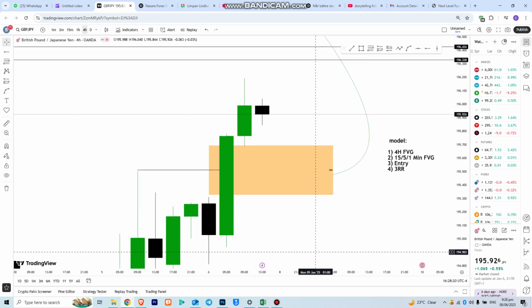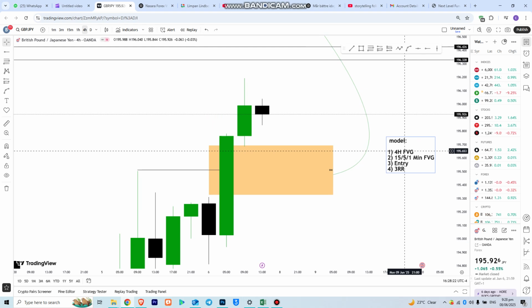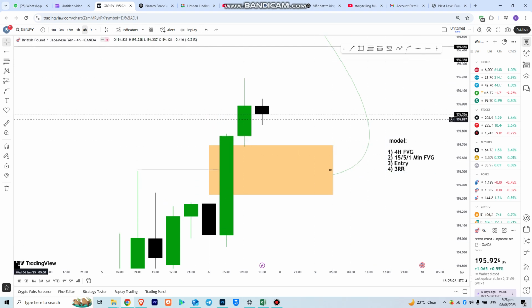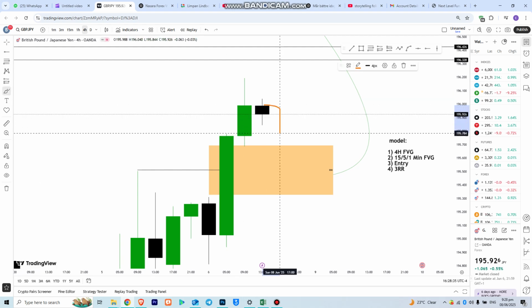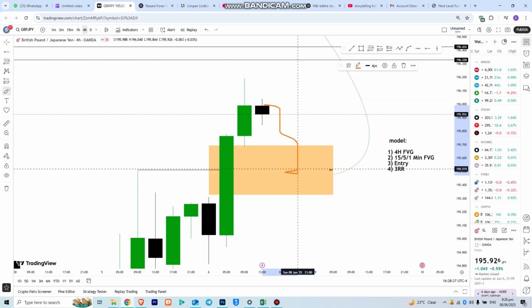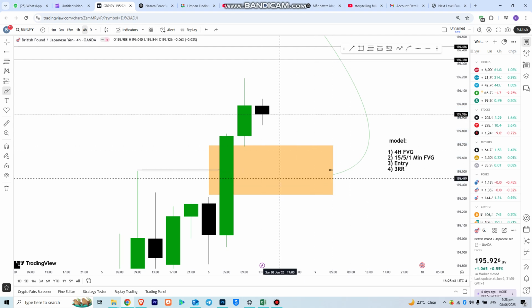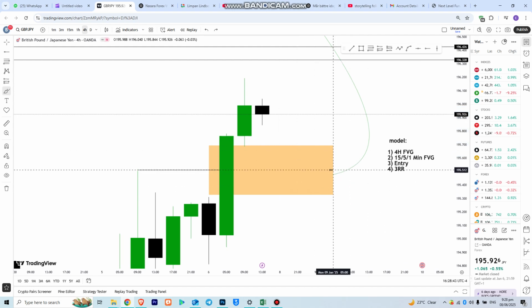This is the 4 hour model that I trade. There's a 4 hour fair value gap. I'm expecting price to move from here to here. Then at this 4 hour fair value gap, I want price to reach the midpoint.